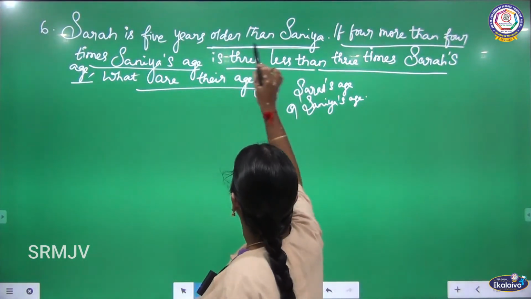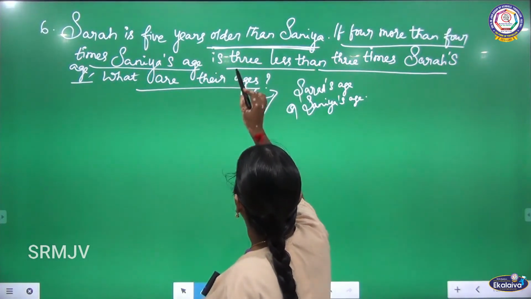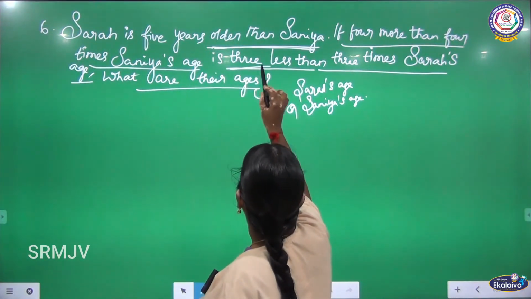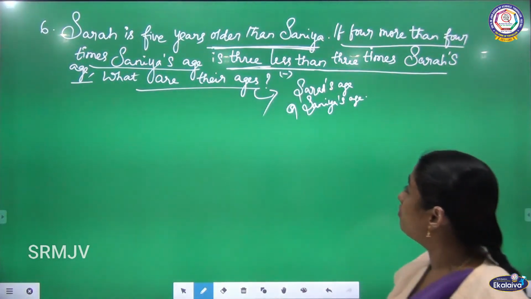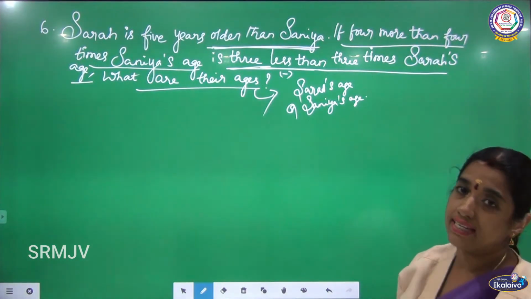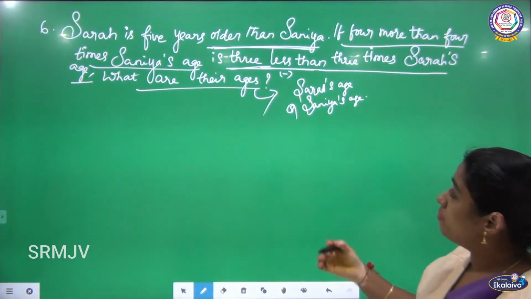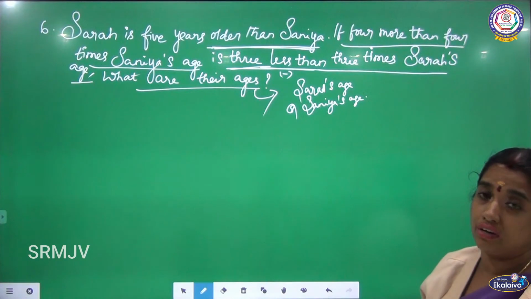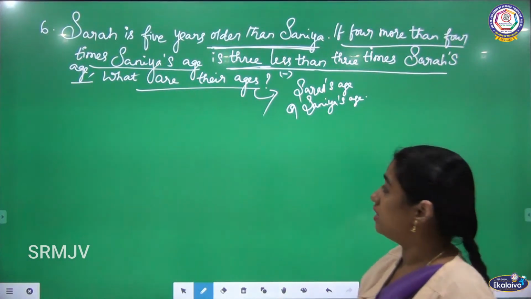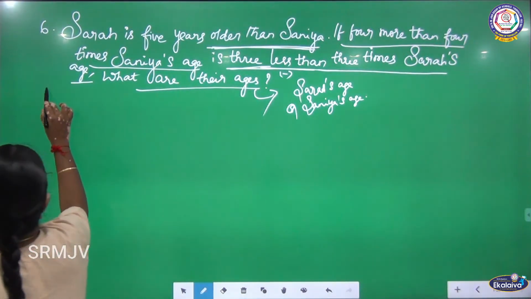Older, and this is what? Less than. So less than means what symbol am I going to use here? Minus. Is it clear? See, from the statement I am going to frame the equation. Okay. Now listen.